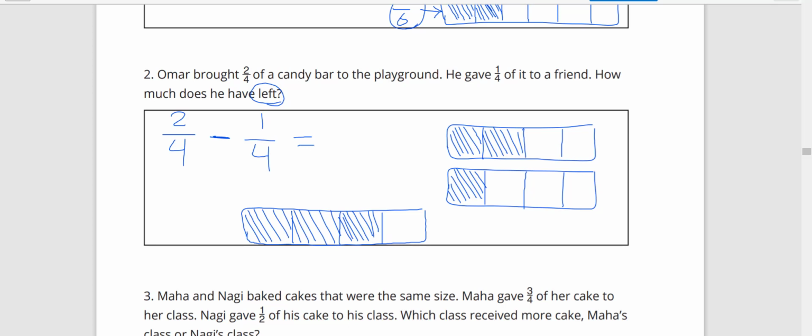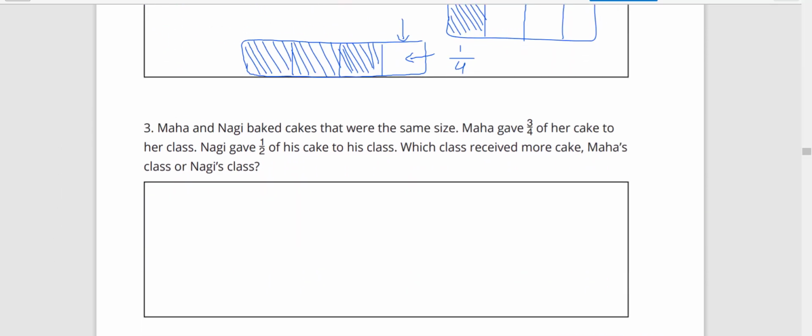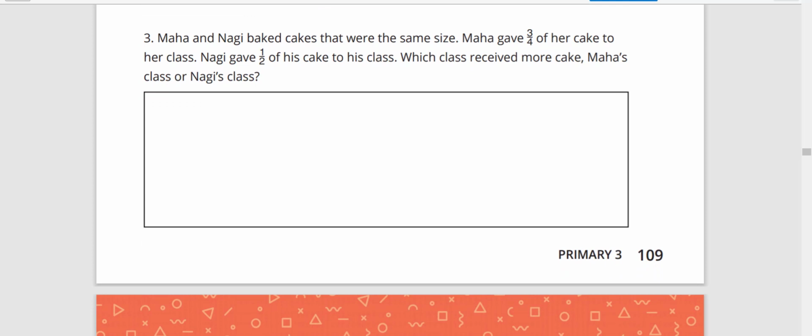He has left this one part. So write 4 in the denominator and 2 minus 1 in the numerator equals 1. This part is one fourth.